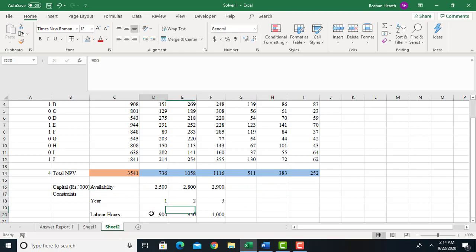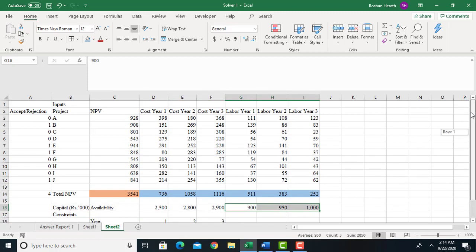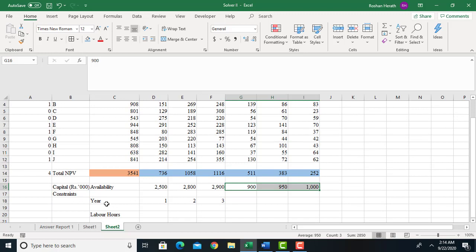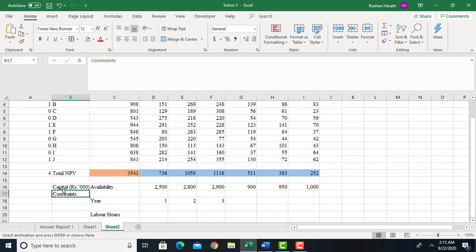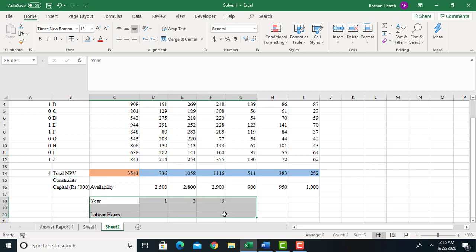Similarly, if you take this labor in front of this labor, you can see it is also the labor in a meaningful way. You can take this as the constraint and even get rid of this.